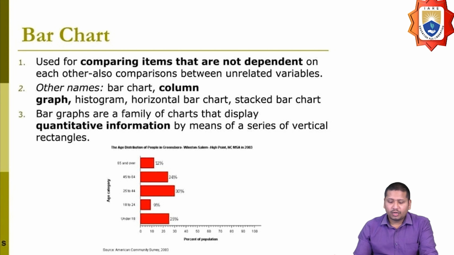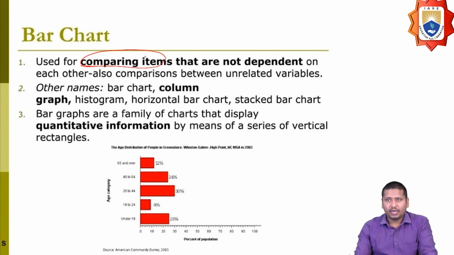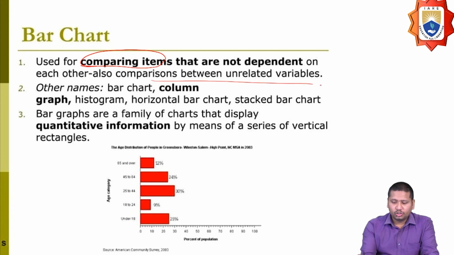Normally these bar graphs are a family of charts that display quantitative information by means of several vertical rectangles. Mainly, this bar chart is used for comparing items that are not dependent on each other, and for comparing unrelated variables.